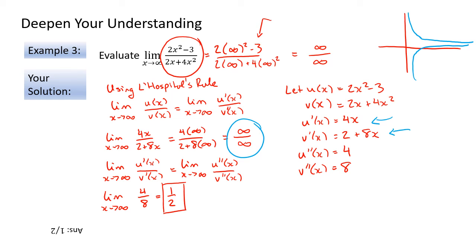But in other words, as x approaches infinity, the value here approaches 1/2. It never actually reaches 1/2, right? Because that curve goes on forever. But that's the number that it's approaching, okay?